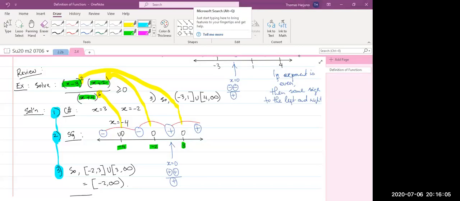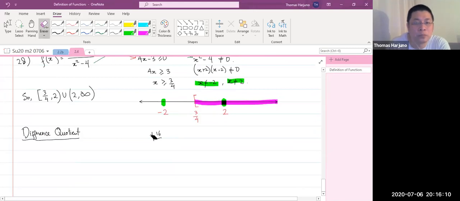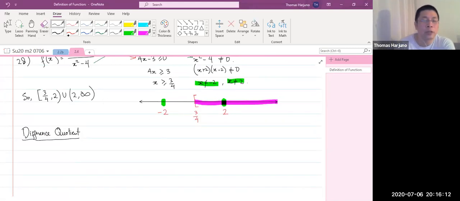Okay, let's continue again. Difference quotient. Definition. I will tell you first what it is, and the interpretation is something I will do tomorrow.